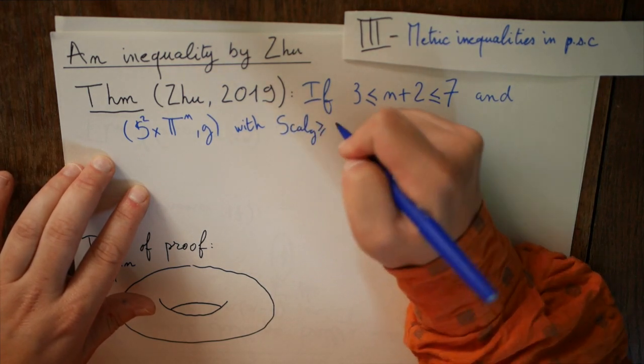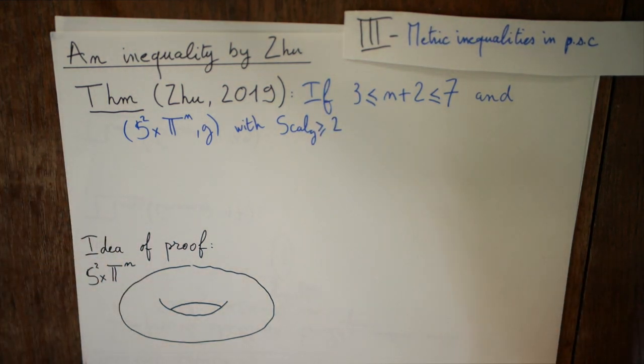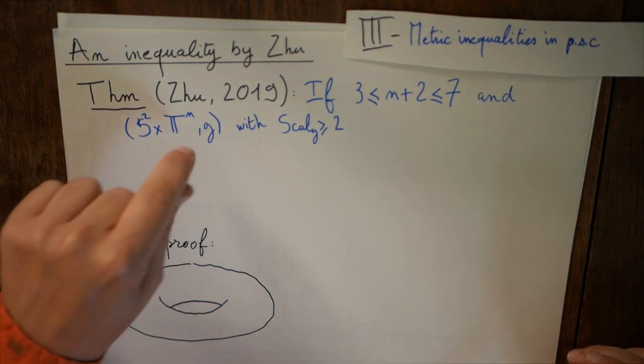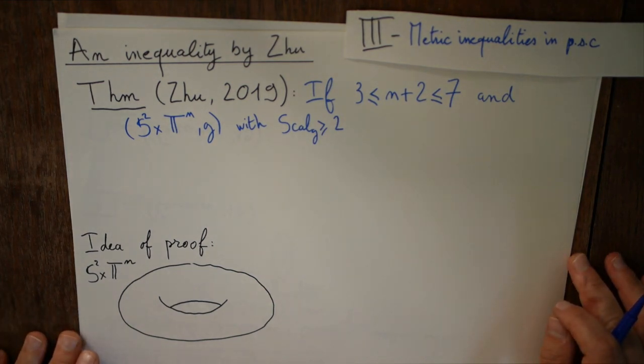I will assume that it's bigger than what you get when you take the round metric of radius 1 times the flat torus. So it's bigger than 2.